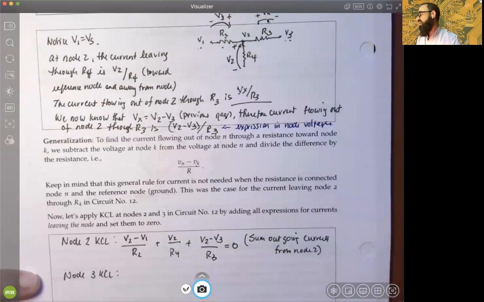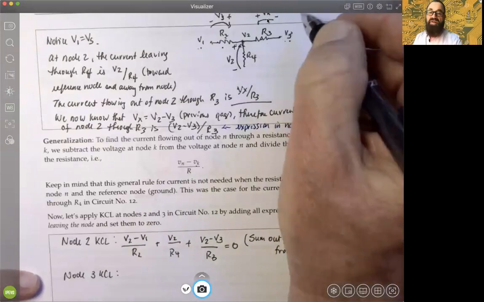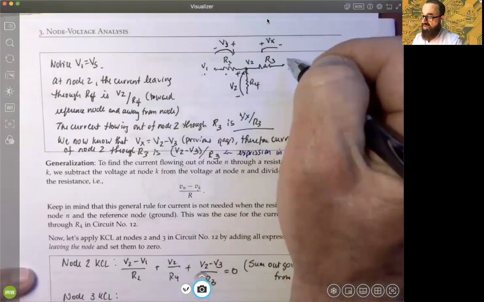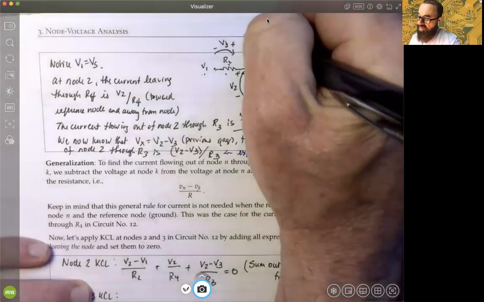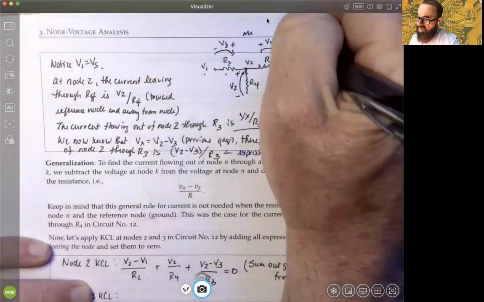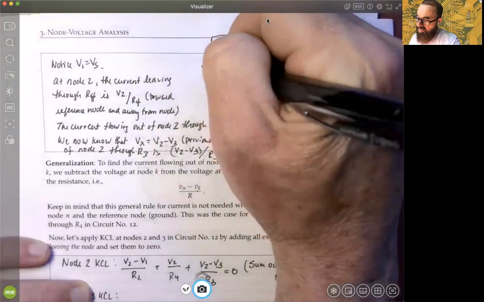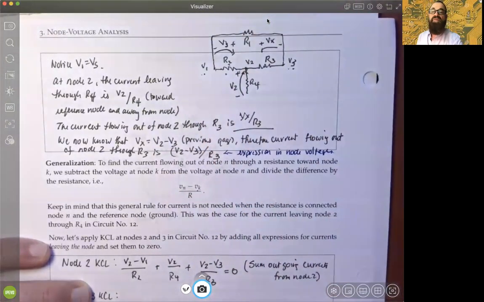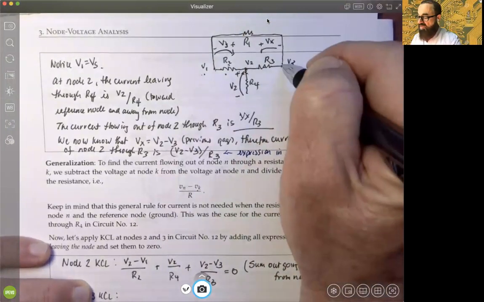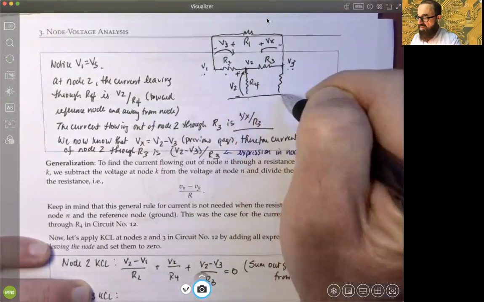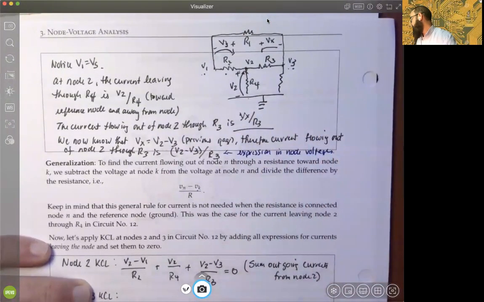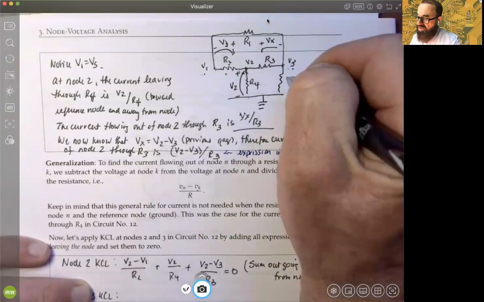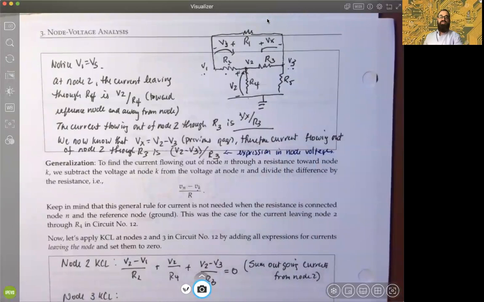Maybe the thing to do is to indicate back on this diagram that we really do have a resistance over here, R1 up here, and the current has to come through it and come back down. So that's R1. And then of course, there's another resistance here that we have to go through to get to the ground. That was called R5. We just need to make sure we know all the resistances that are involved.